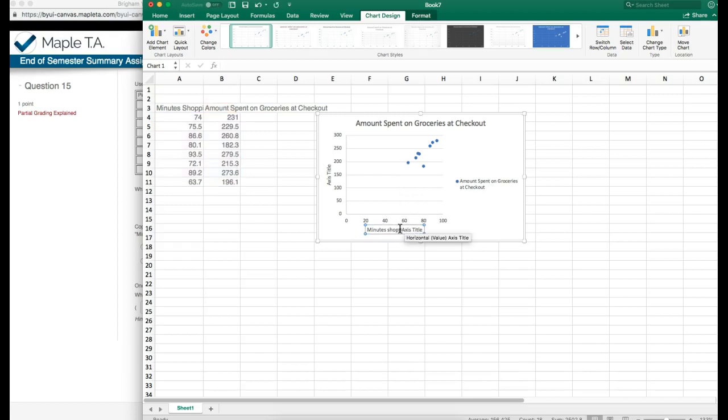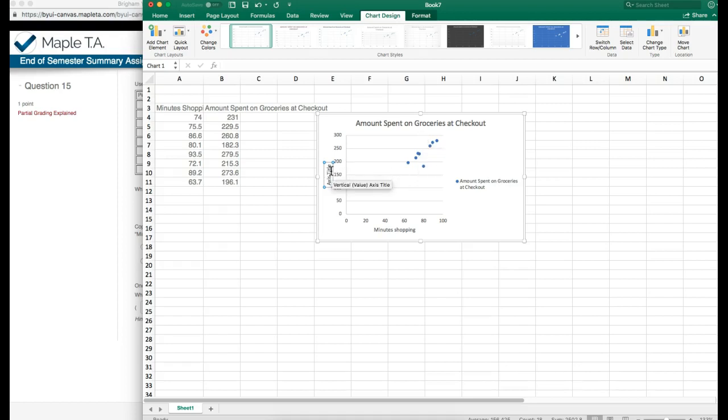Minutes spent shopping. And over here, my axis is going from about, the low is about 182 and the high is about 279. Just double checking, yep, that is the amount spent on groceries.